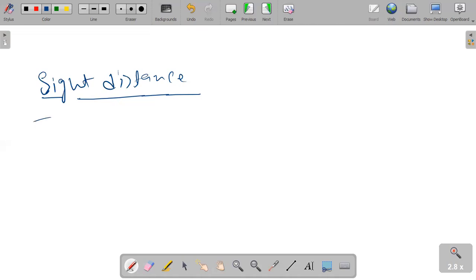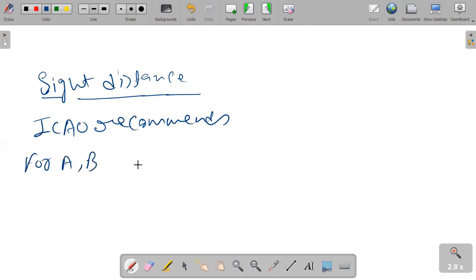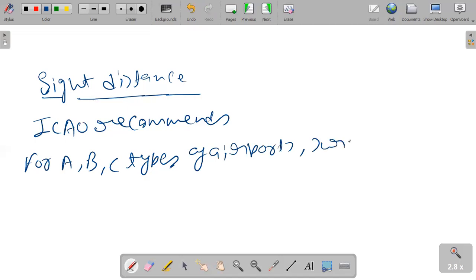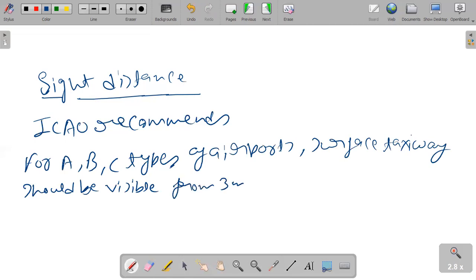So ICAO recommends that for A, B, C type of airports, the surface of taxiway should be visible from 3 meter height for 300-meter distance.